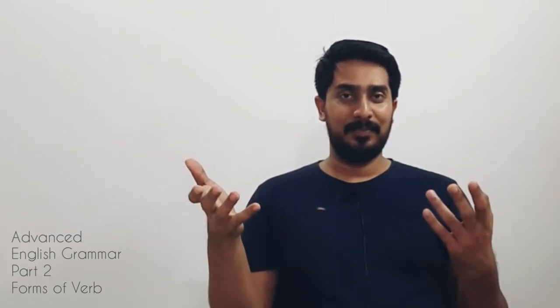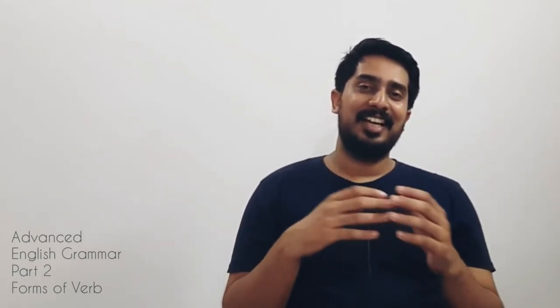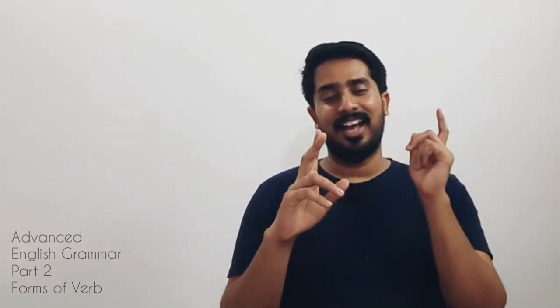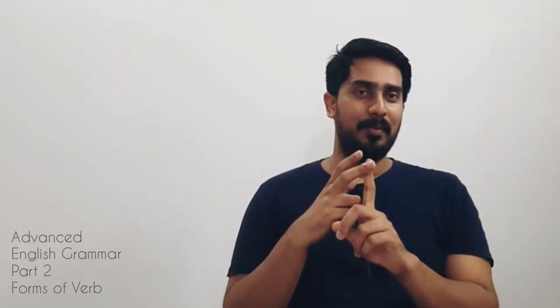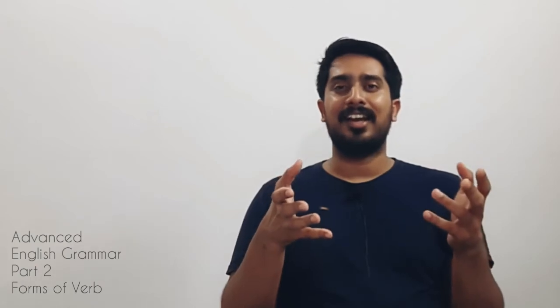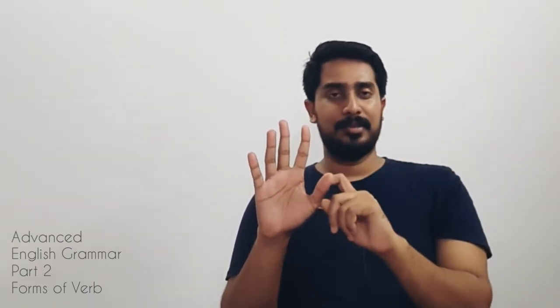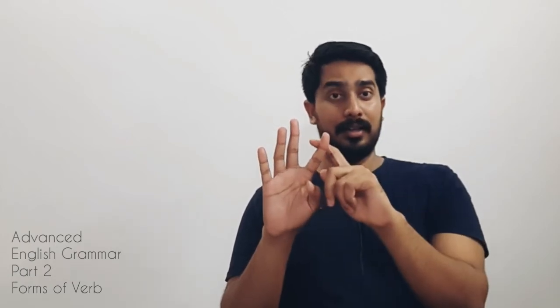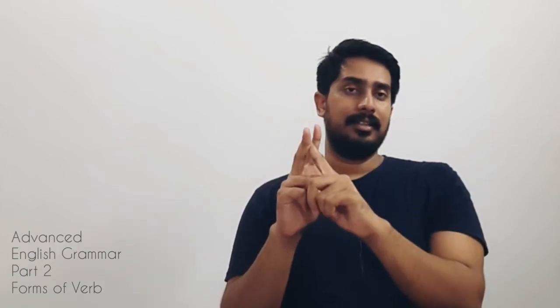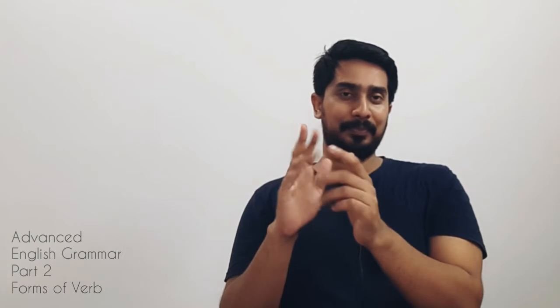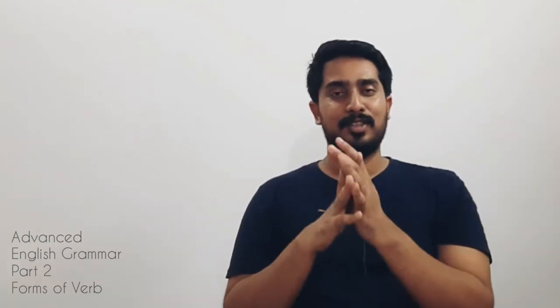The baby cried. It's a past tense statement. The baby is the subject and cried is the verb. The baby will cry. There is the subject, the baby, and the helping verb will, and there is the verb cry. So will cry indicates future.